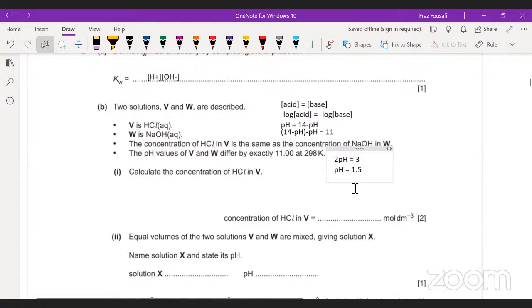So now you know that if the concentration of hydrochloric acid and sodium hydroxide in a mixture are exactly equivalent, the pH of the hydrochloric acid should be 1.5, and the pH therefore of your actual alkali would be 1.5 plus 11, or 12 and a half. So these would be the pH of your two resultant solutions at this particular point, right? You would get 12.5 and 1.5 respectively.